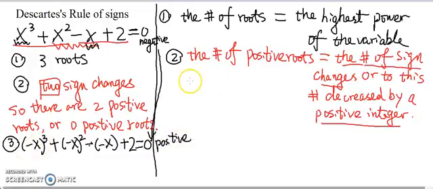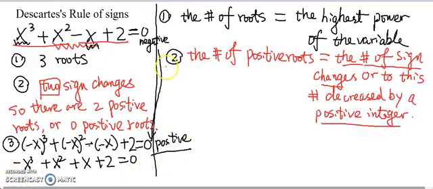We know how to determine the number of positive roots by rule number 2. So let's reduce this a little bit. Negative x cubed, by algebra, is negative x cubed. Negative x squared will be positive x squared, and negative times negative will be positive x, and plus 2 equals 0. So let's see how many positive roots this new equation has. That would be the number of negative roots, because each positive root of this new equation corresponds to a negative root of the old equation. Let's check how many sign changes. From negative 1 to positive 1, that's a sign change.